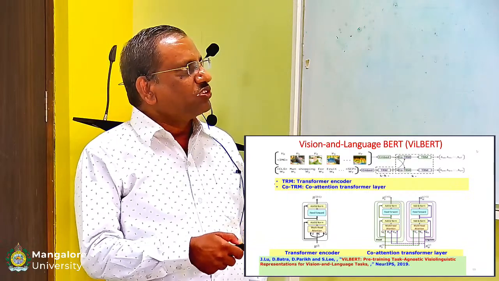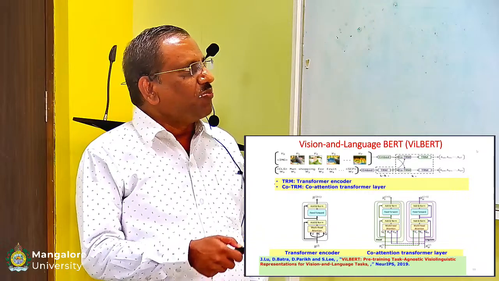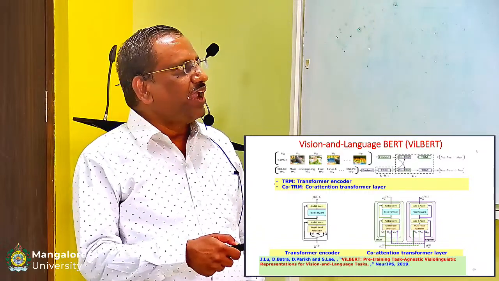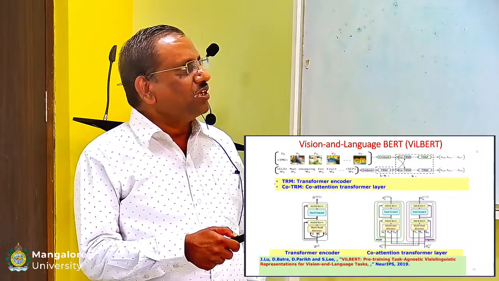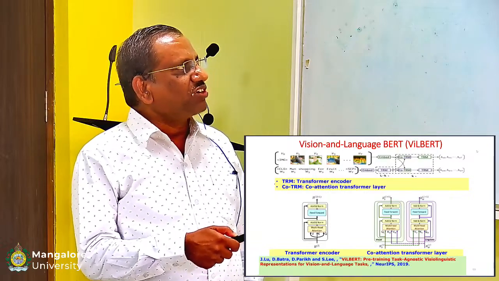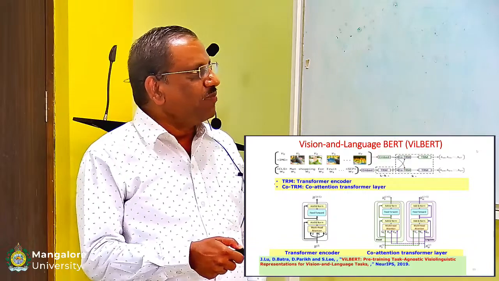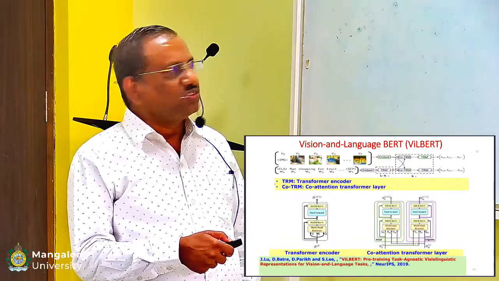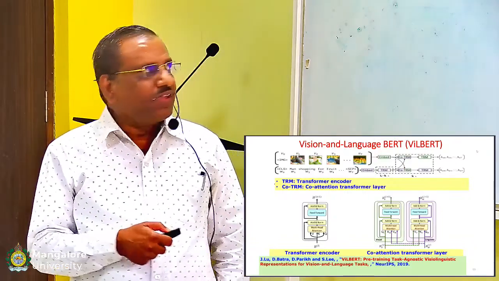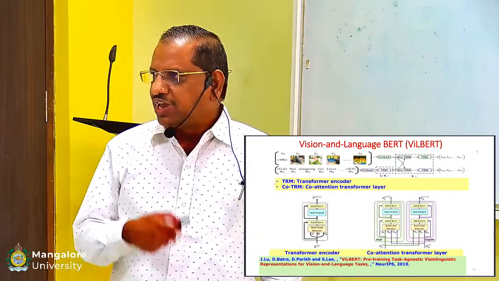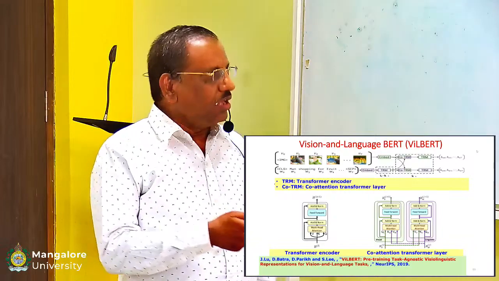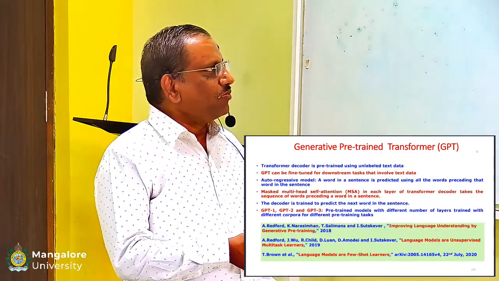Then I use both these inputs to come up with a common representation, and that's done by using the transformer models. This model is called the vision and language BERT model. Once we design it for some data, then if you want to use it for any task of your interest, again you can do the fine tuning and go ahead and build that model.